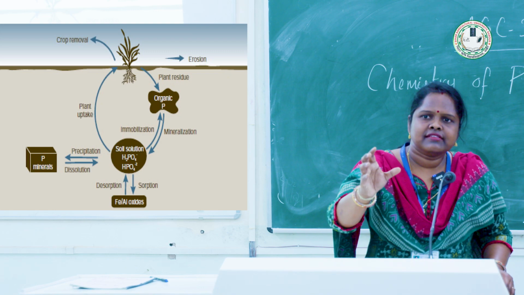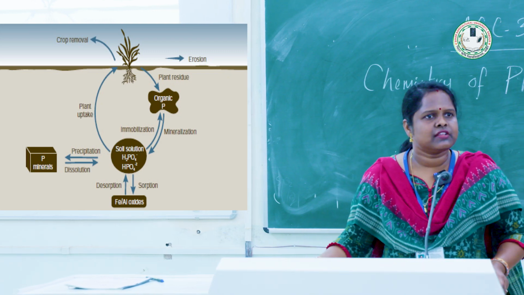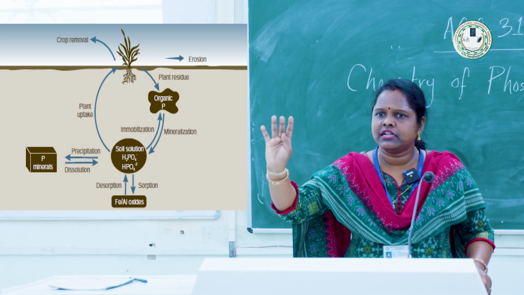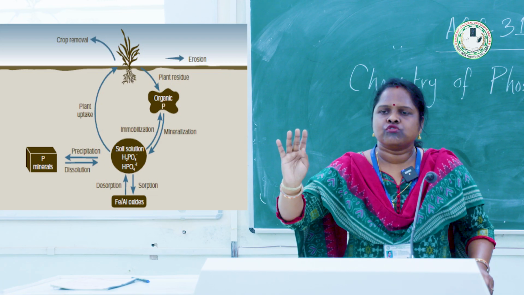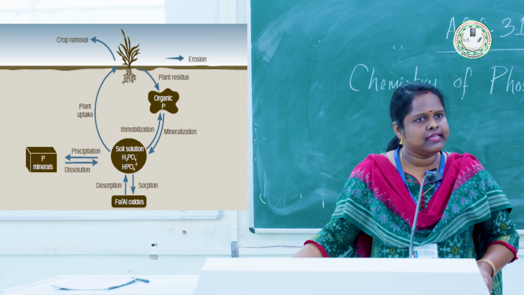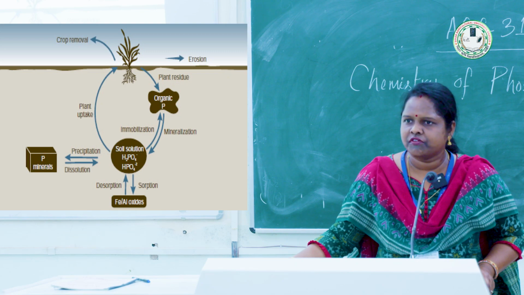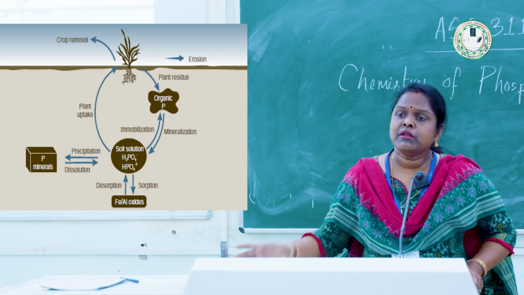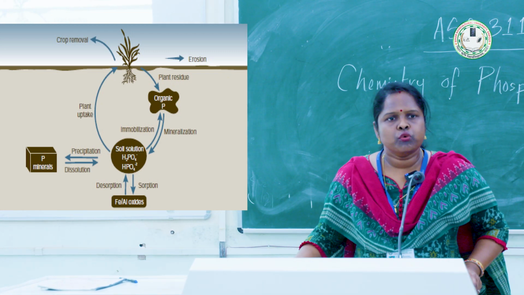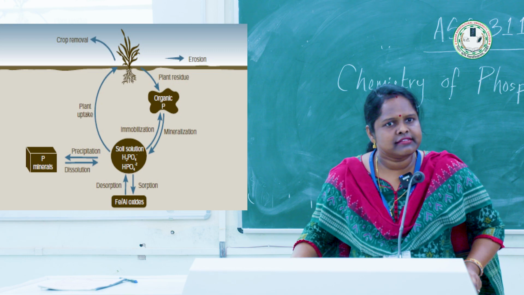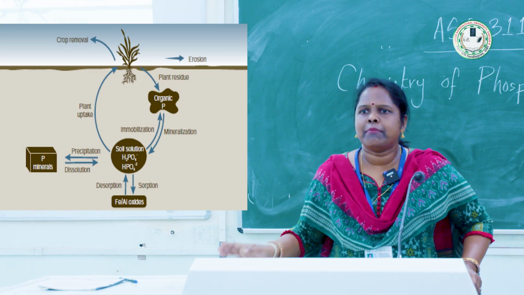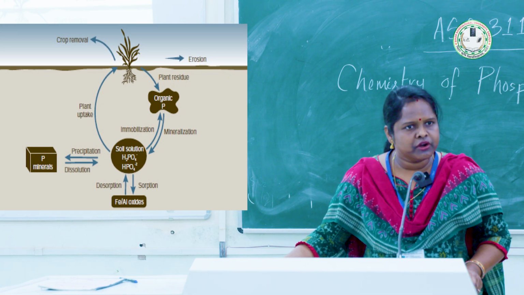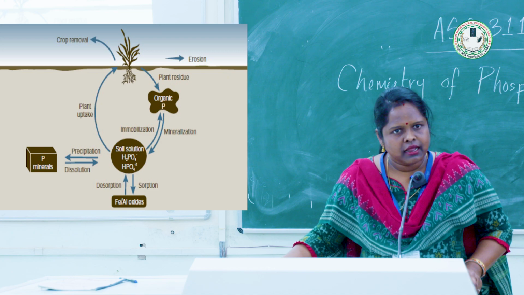And the management practices, which I have already discussed in previous classes: right time, right amount and right method of application. We all know phosphorus use efficiency in soil as well as the plant system is very low, nearly 15 to 20% at maximum, even less than that, 15%. So we have to wisely decide at which time we apply phosphorus. It is an established fact that phosphorus is applied in the basal dose.